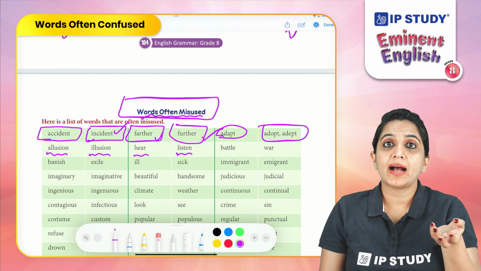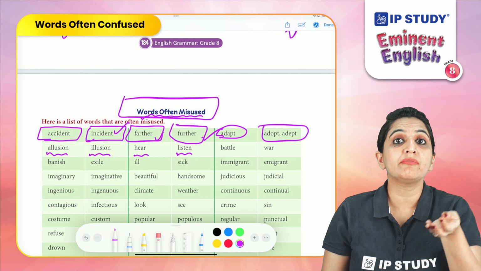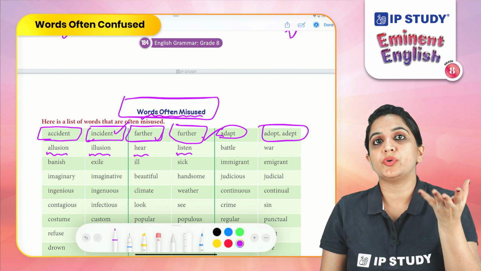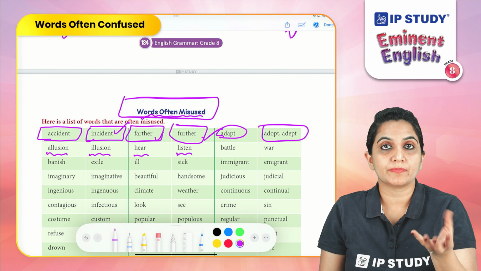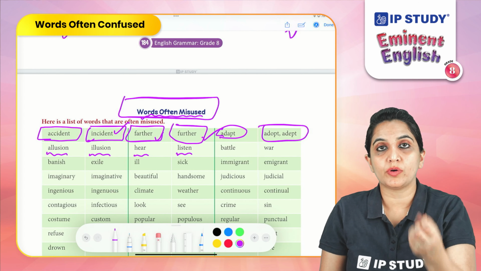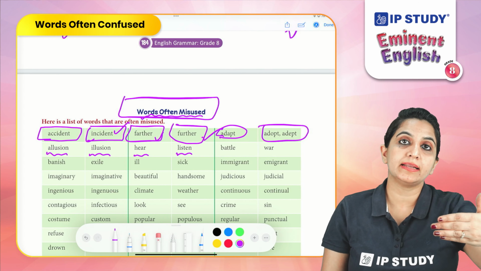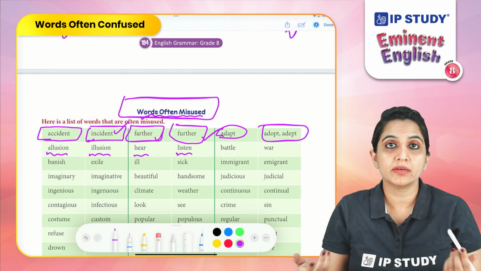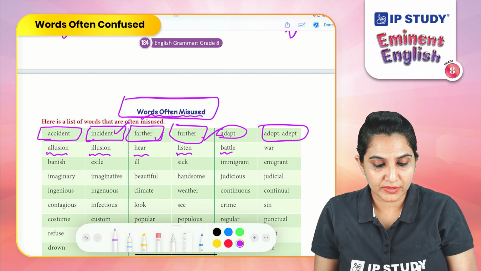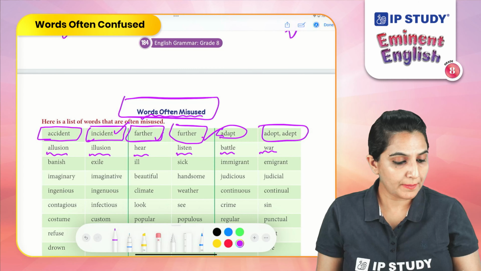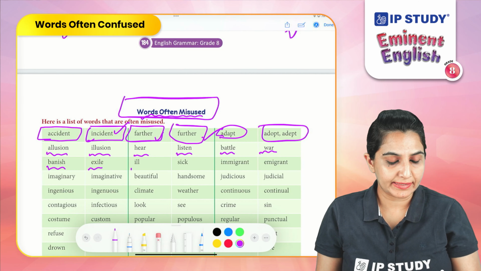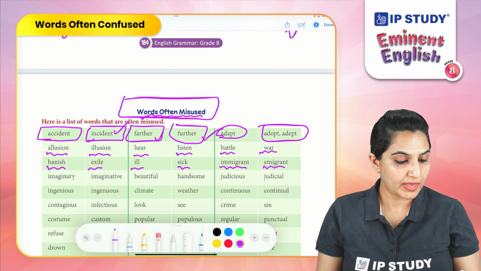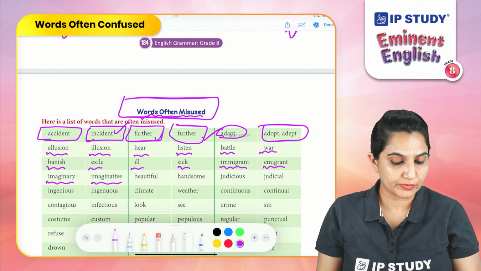We can say, I heard my teacher. That means you have not listened to her carefully. You've not followed what she or he was saying. So listening is when you're actively involved and also understanding. Hearing is something which you're just hearing, like I hear sounds. Battle, war. Banish, exile. Ill, sick. Immigrant, emigrant. Imaginary, imaginative.